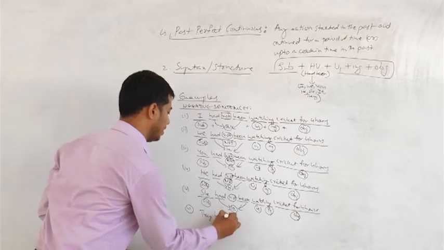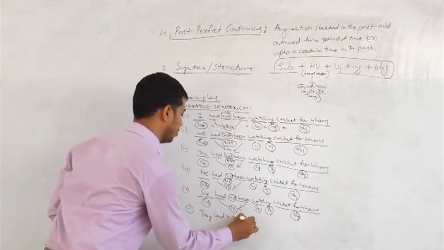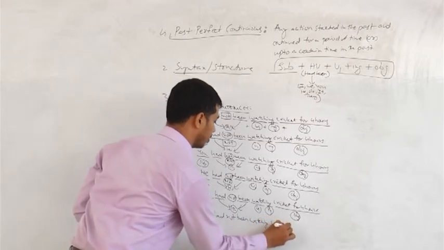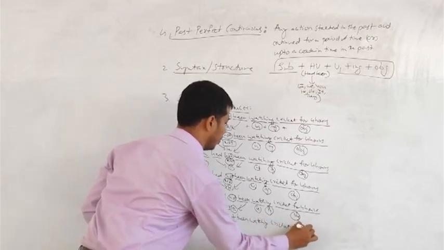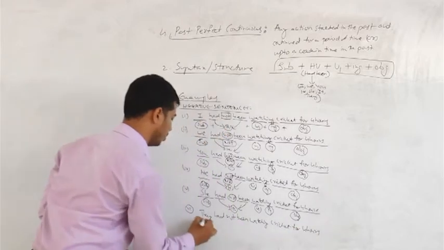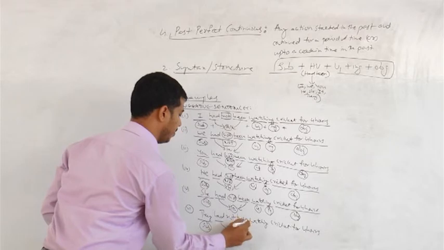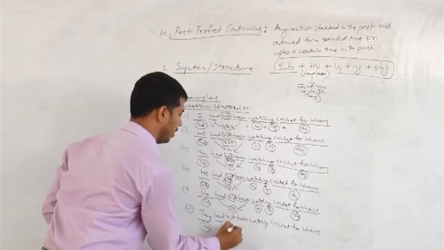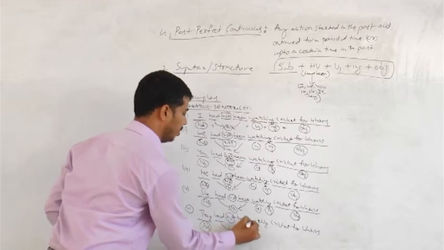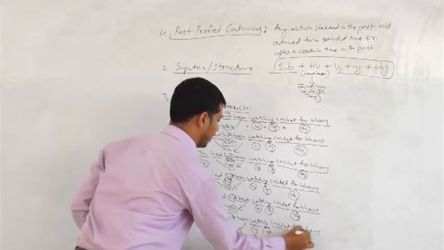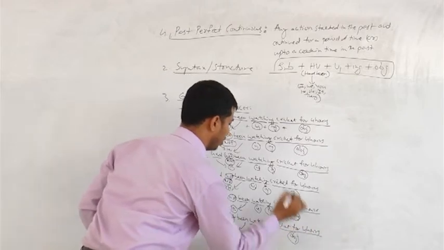They had not been watching cricket for 4 hours. What is they? Subject. Had and been we have labeled as the helping verb, right? Not is the negative meaning. Watch V1, ing is ing, and cricket for 4 hours is labeled as the object.